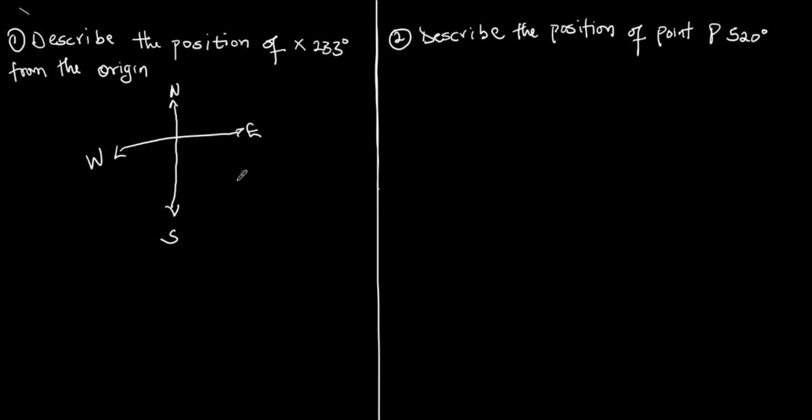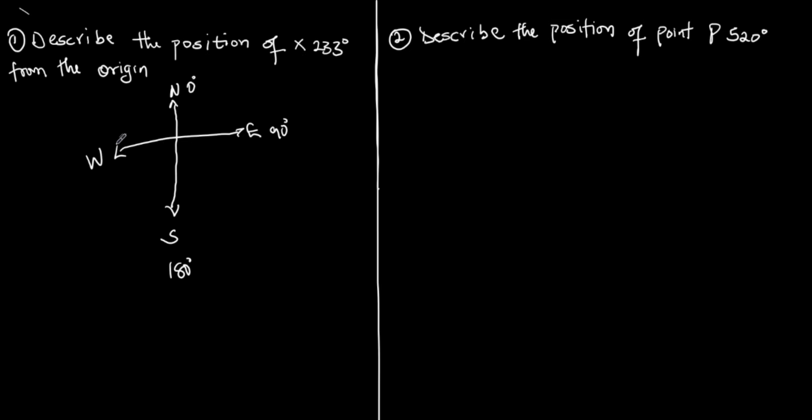Now, while measuring your direction, starting from the north is 0 degrees. Move to the east, this is 90 degrees, right? From the east to the south is another 90 degrees. So from the origin to the south is 180 degrees.